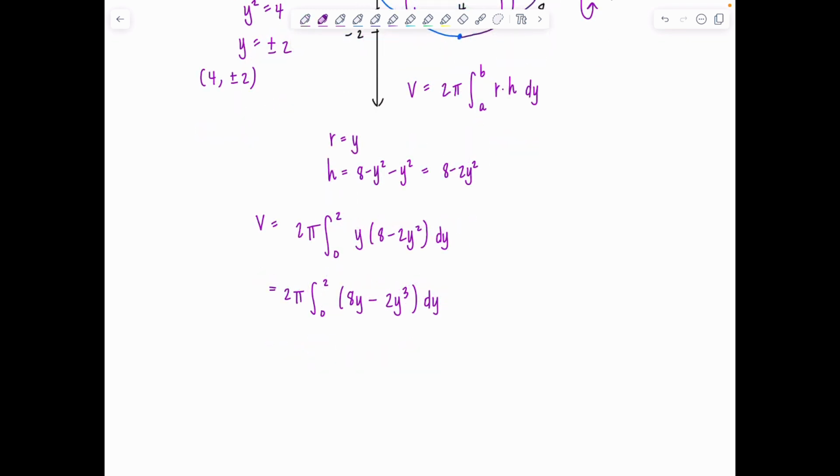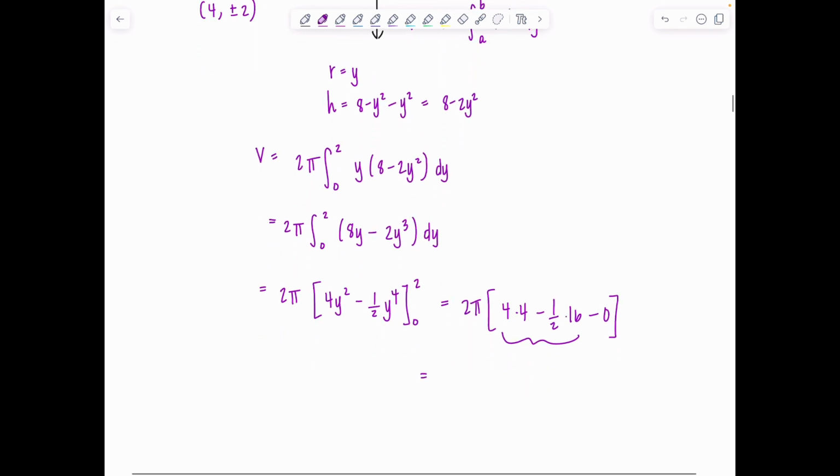Now we can take the antiderivative, keeping the 2 pi outside. This will be 4y squared minus 2 over 4, that's 1/2, y to the 4th, evaluated from 0 to 2. So this is 2 pi times 4 times 4 minus 1/2 times 16 minus 0. What's this? 16 minus 8, so that's 8 times 2 pi, 16 pi.